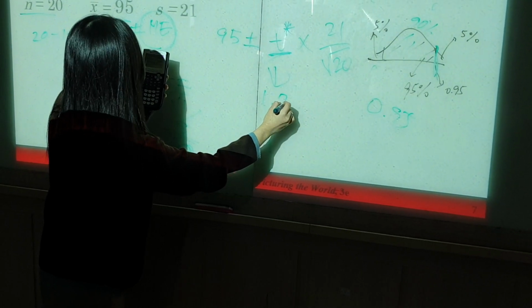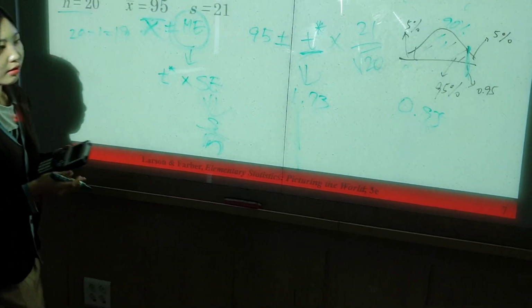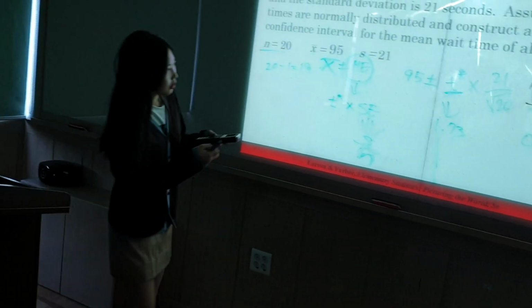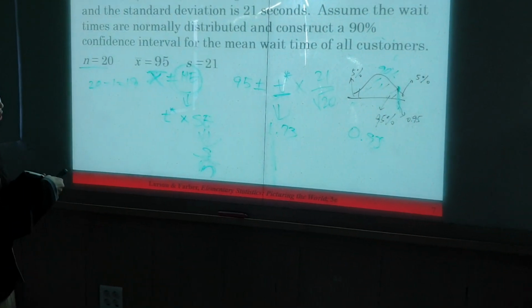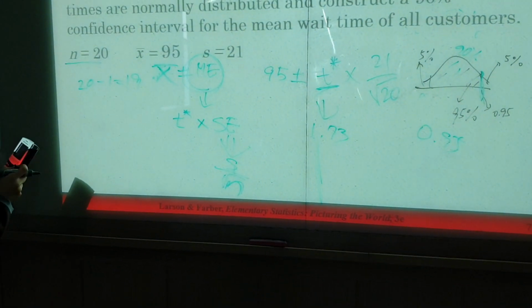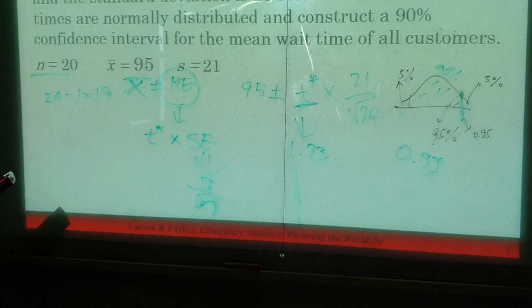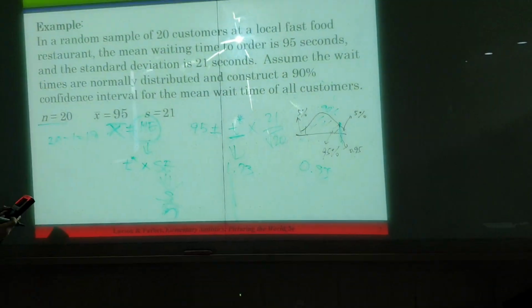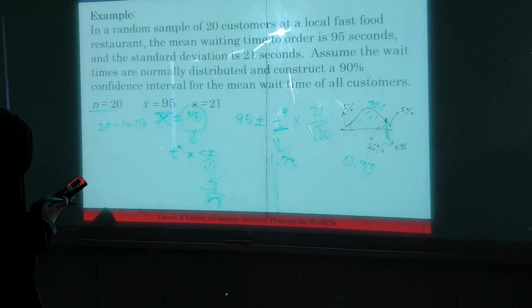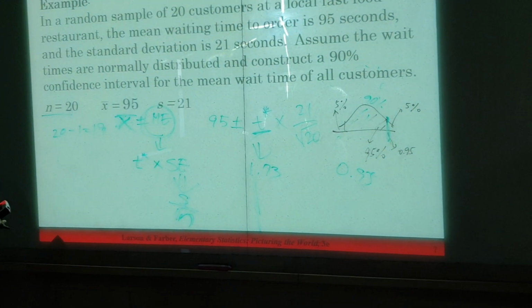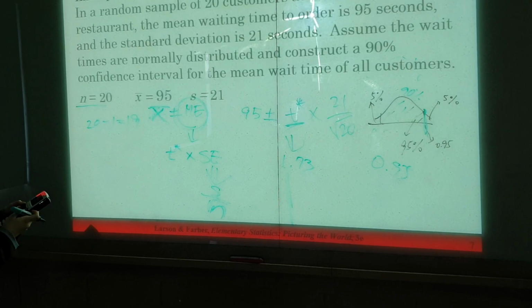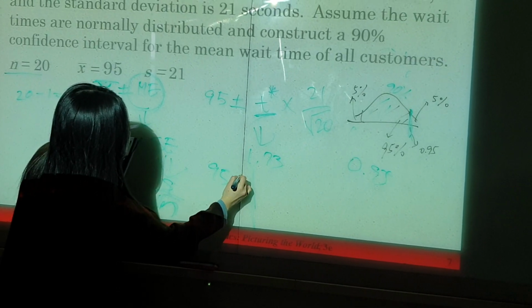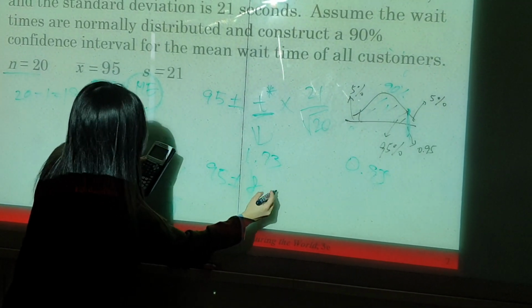Then the t value is approximately 1.73. So if you calculate that, 1.73 times 21 divided by root 20, then we have the value of plus minus 8.12.